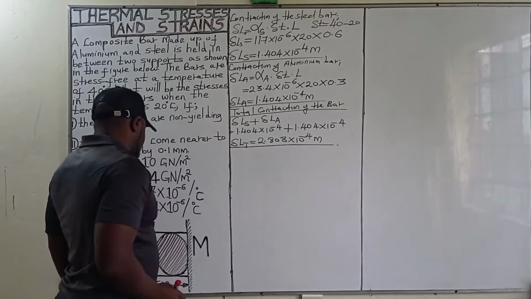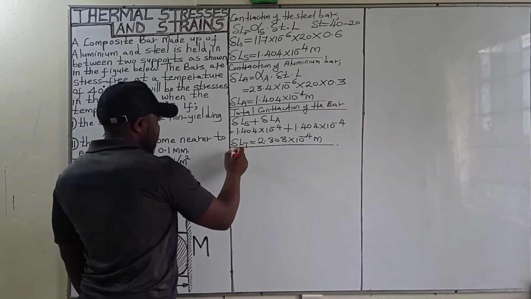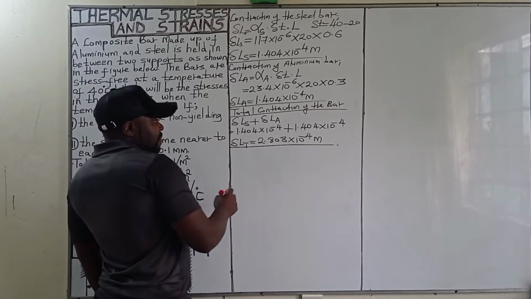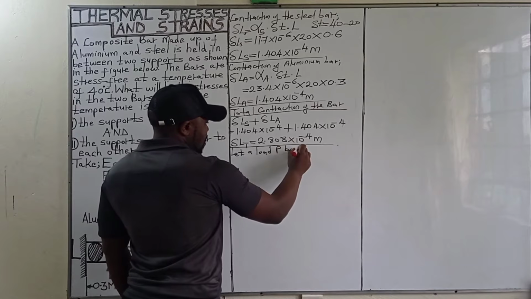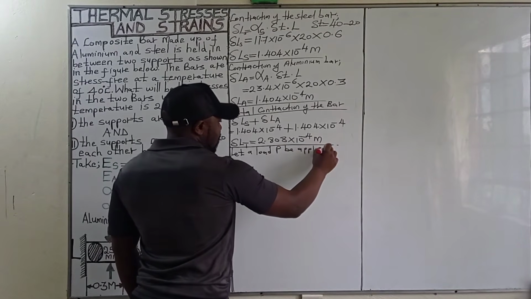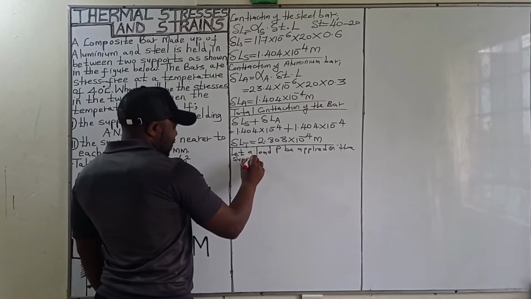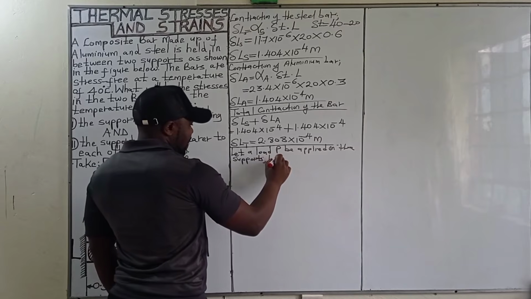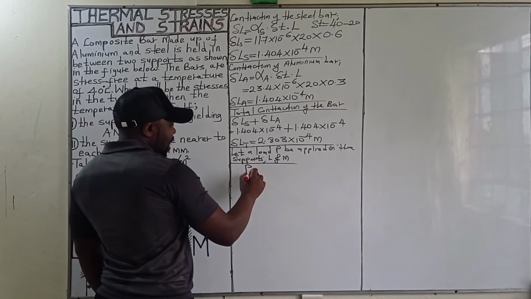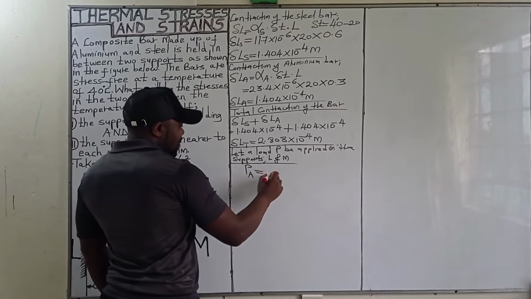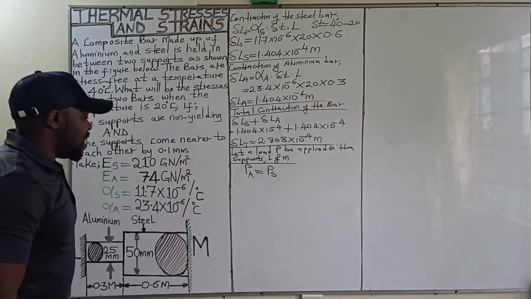If a load P is applied on the supports, that is support L as well as support M, the load applied on support L, that is on aluminium, is equal to the load applied on the steel.